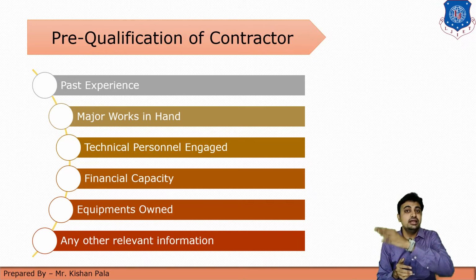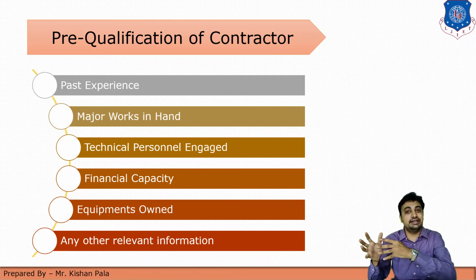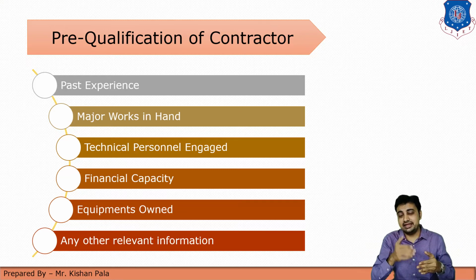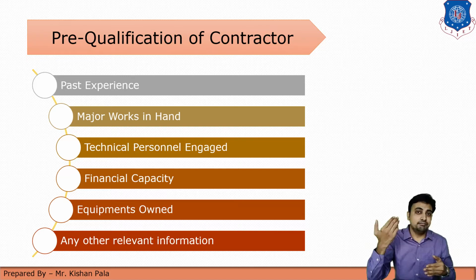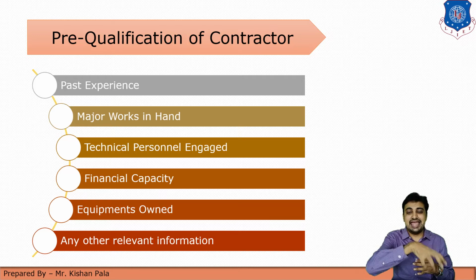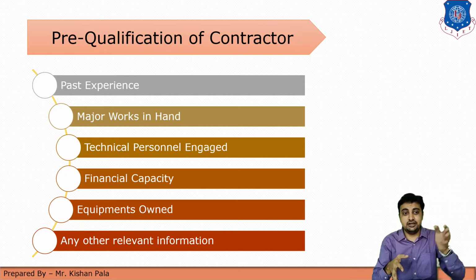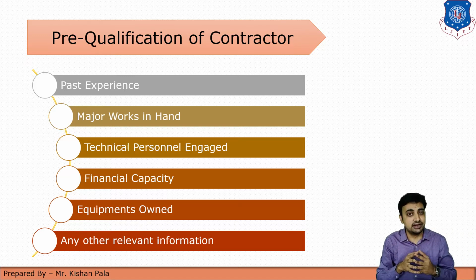If the contractor firm is not capable in technical personnel, the owner and client may select or not depending upon the engagement of technical personnel. So this is one of the important points for considering the pre-qualification of the contractor.